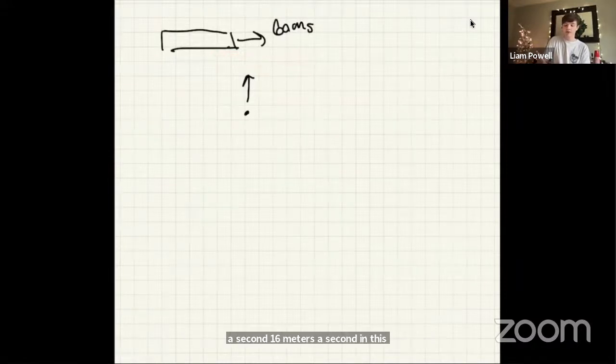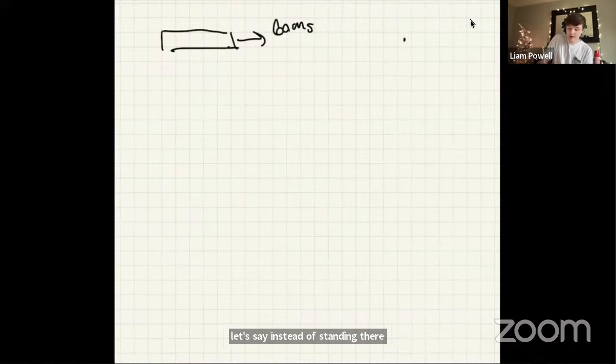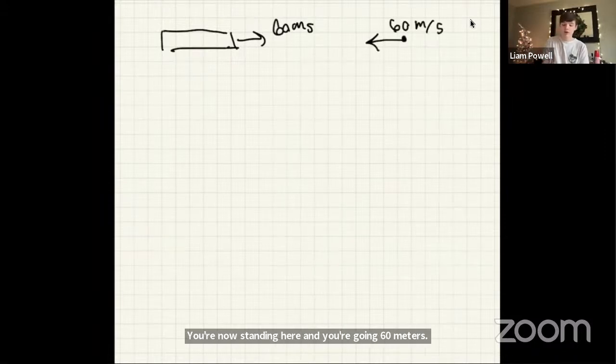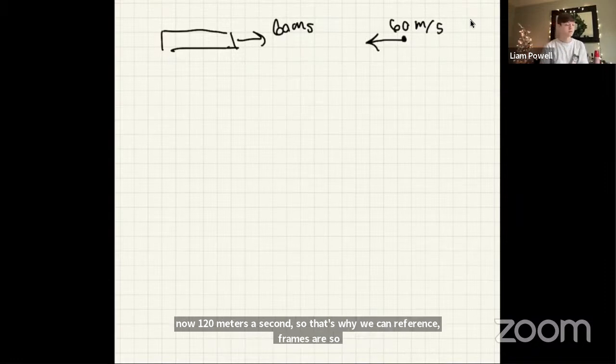But let's say instead of standing there, you're now standing here and you're going 60 meters a second this way. Now your reference frame would be right here. Because the train is moving at you 60 meters a second and you're moving at the train 60 meters a second, the speed that the train is going at you is now 120 meters a second. So that is why reference frames are so important, especially with Newton's laws.